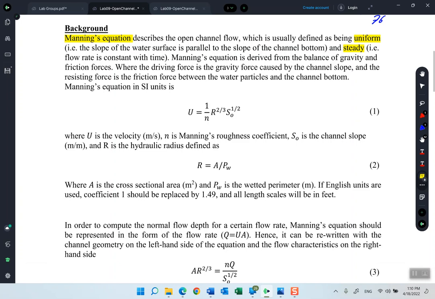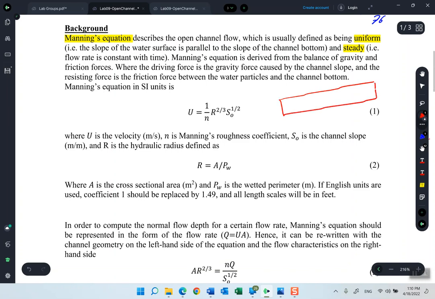And I mean by uniform flow is that the slope of the water surface is parallel to the slope of the channel bottom. So in case this is the flume that we have, and for a certain flow rate, this is the water level or the water surface, we can classify this flow as uniform in case the slope of this line that represents the water surface is parallel to the slope of the bottom of the channel.